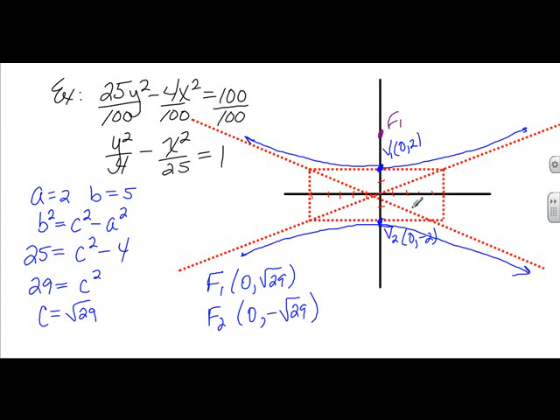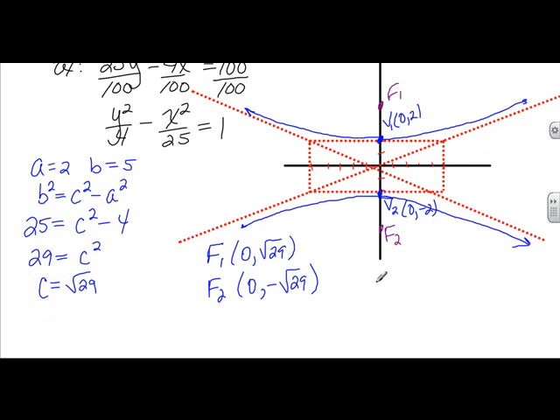Let's see, asymptote lines. You're going to need equations for those. One's going to be positive, the other's going to be negative, and I'm thinking about comparing the center point to one of the corners of the box. That's a rise of 2 and a run of 5. So 2/5 x, positive and negative 2/5 x. So that's all the information that you'd need to have for that hyperbola.